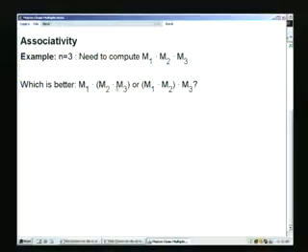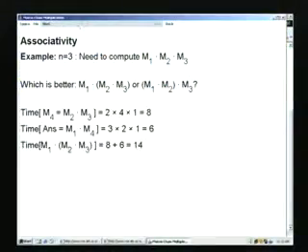Now, if we want to multiply it in this manner, here is what will happen. We will first compute some matrix M4, which is M2 times M3. M2 was a 2 by 4 matrix and M3 was a 4 by 1 matrix. So, following our formula PQR, it will be 2 times 4 times 1, or 8.